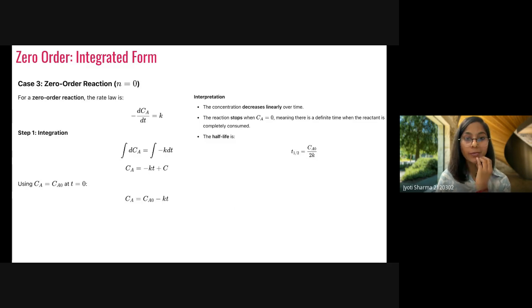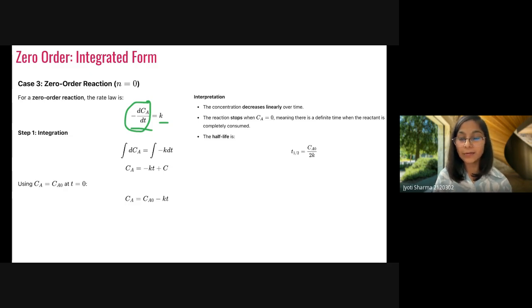Okay, so here again you can see, as I told you, the rate of reaction, that is change in the concentration of the reactant upon dt, will be equal to K. And this will give rise to concentration per unit time.